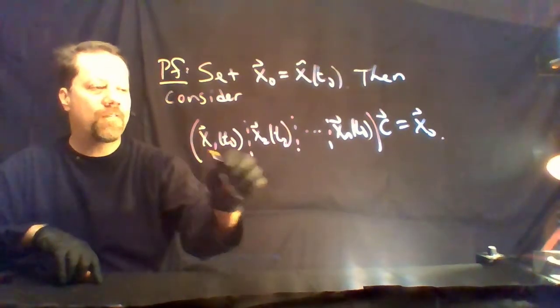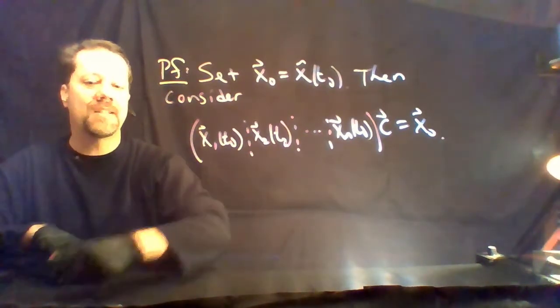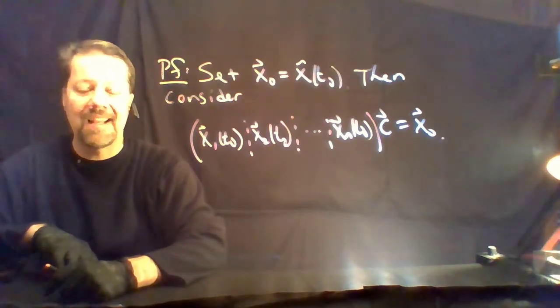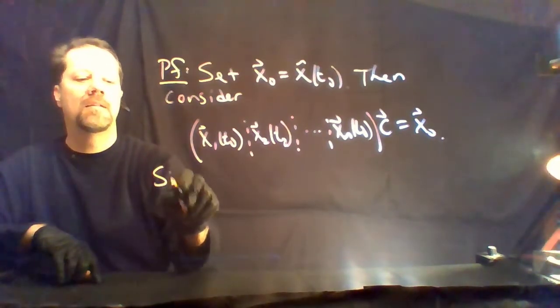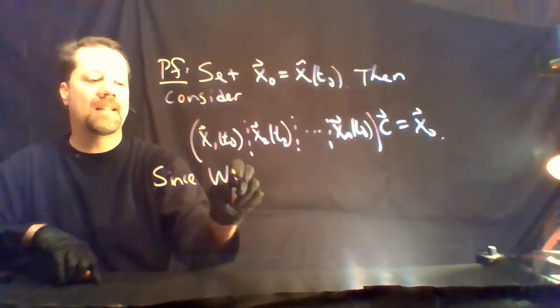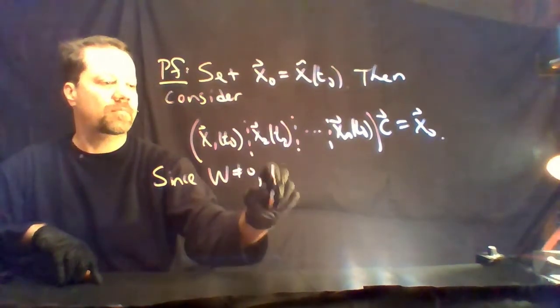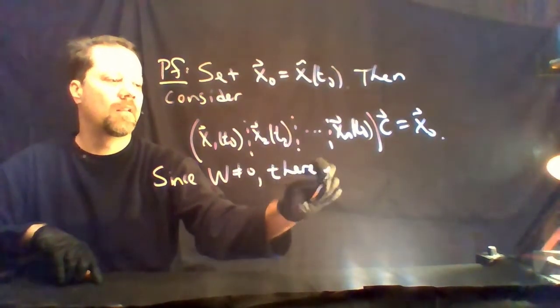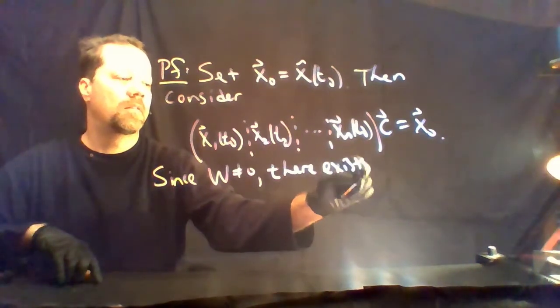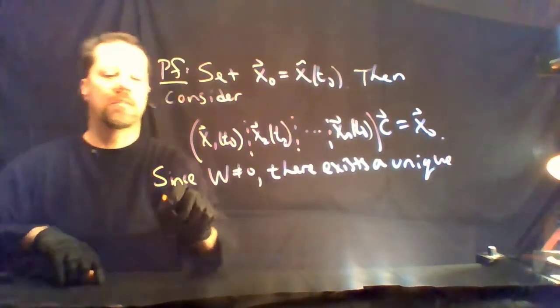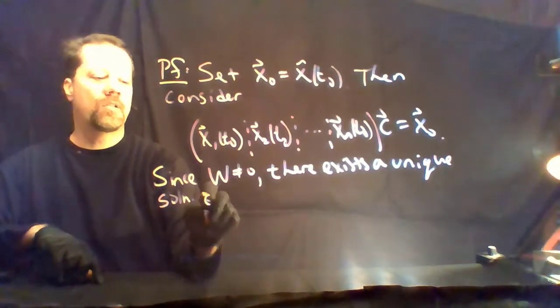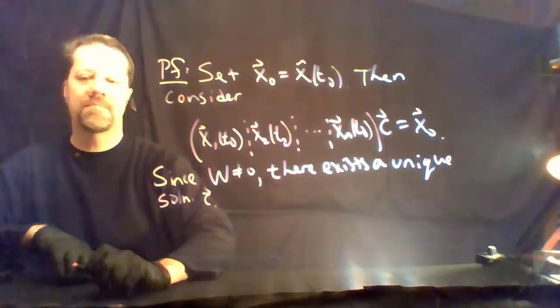But the coefficient matrix has a determinant called the Wronskian, and the Wronskian's not 0 because these functions are linearly independent. So since the Wronskian is not 0, there exists a unique solution c to this linear system.